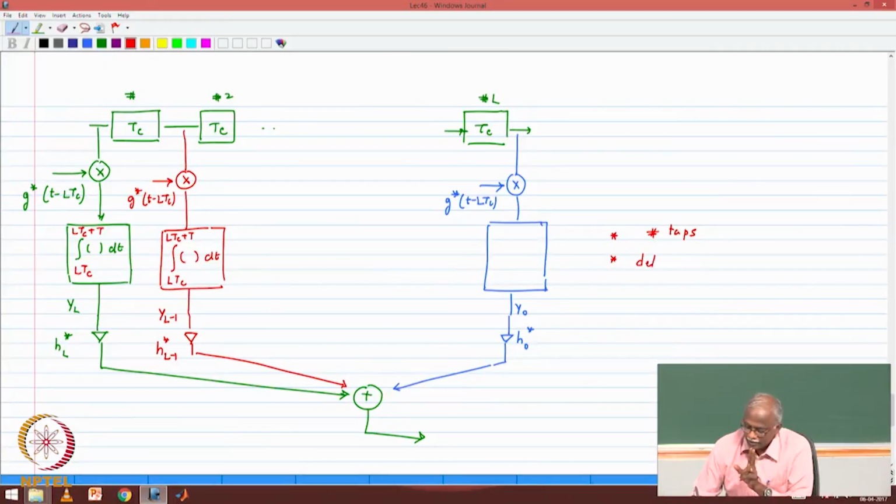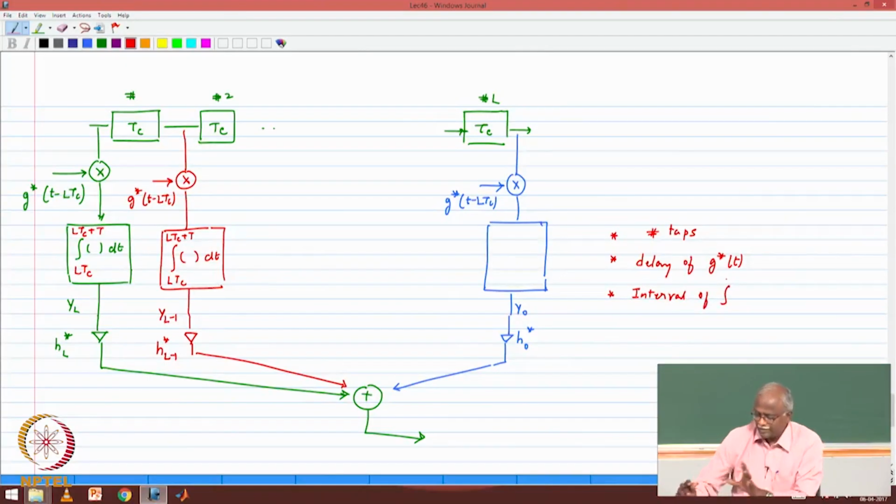That's very important, because when we did G star, we have done something to the delay. It's not just G star of T. And why does that delay play a role? The third one is the interval of integration. All three things have to come together for us to build that.